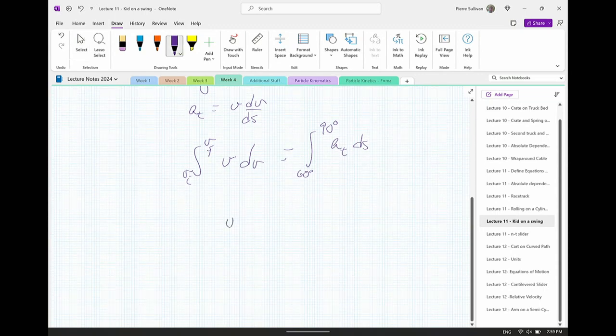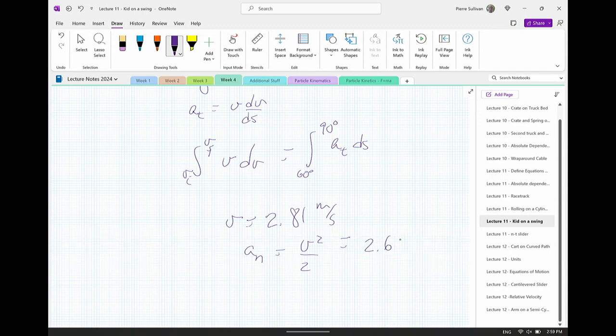And substitute all the terms in. You end up with v equals 2.81 meters per second, and acceleration normal, which is v squared over 2 meters, which equals 2.63 meters per second squared. Any quick questions on this?